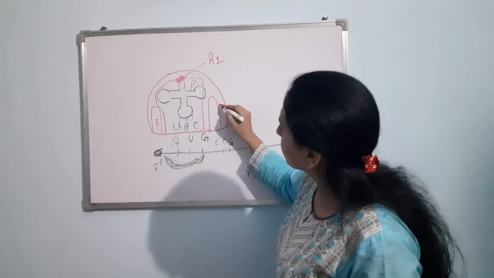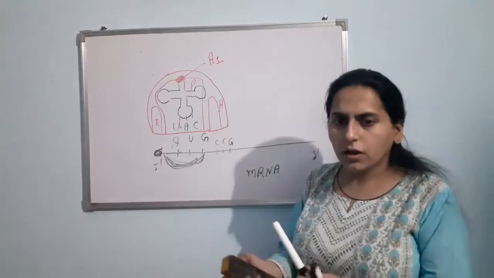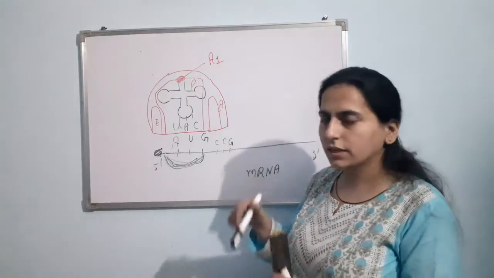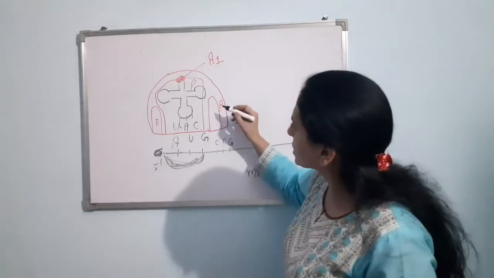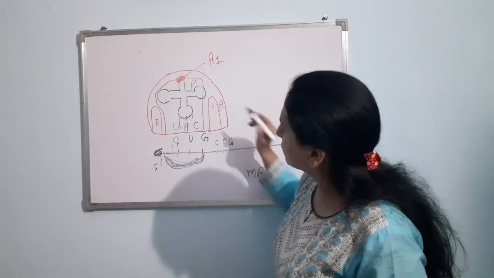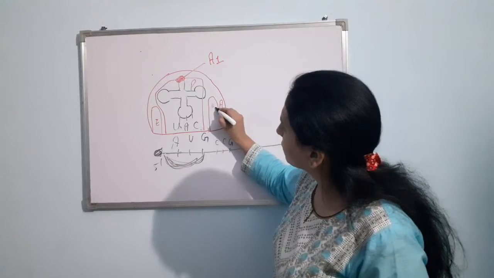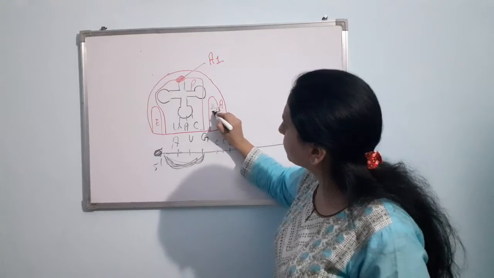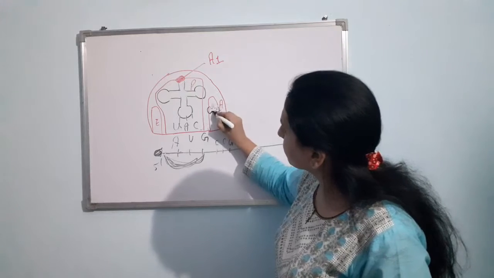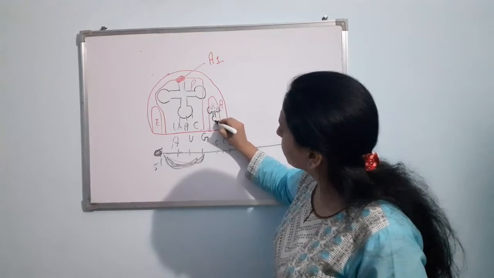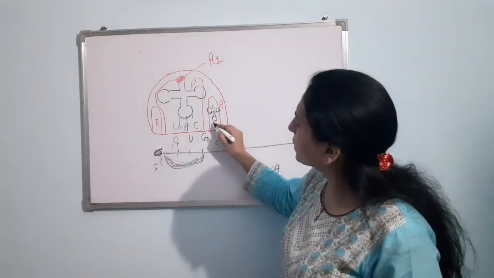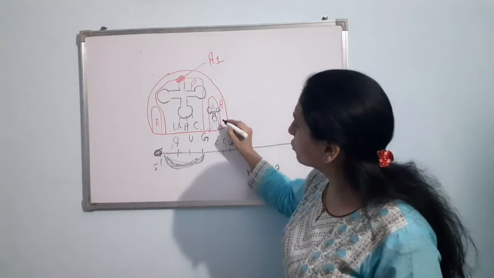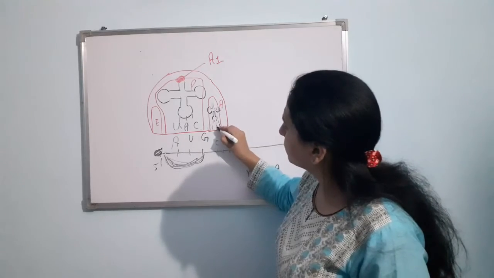We have the A site. The next charged tRNA, having the anticodon of this, will be here like this. Clear? For C, here it will be G, for C, G, and for G, C. Is it fine?